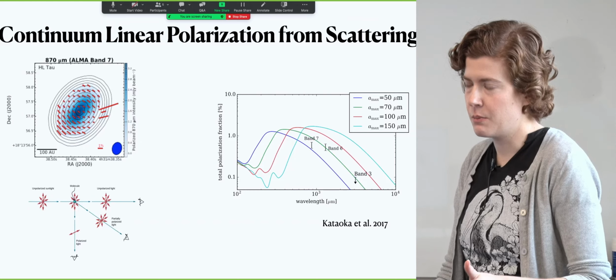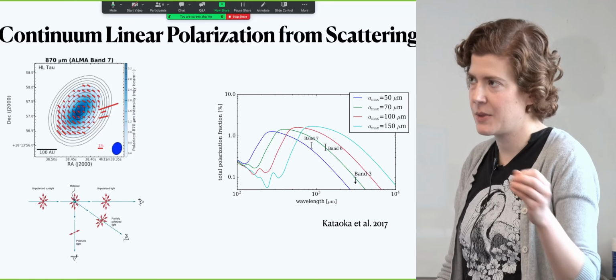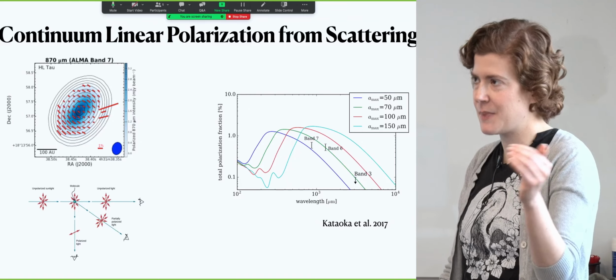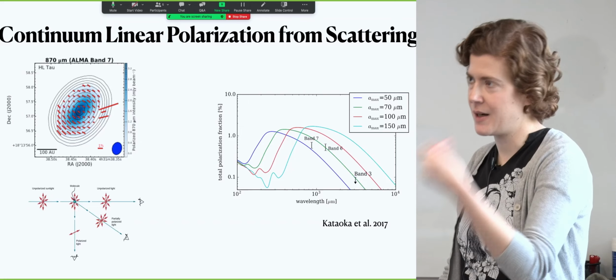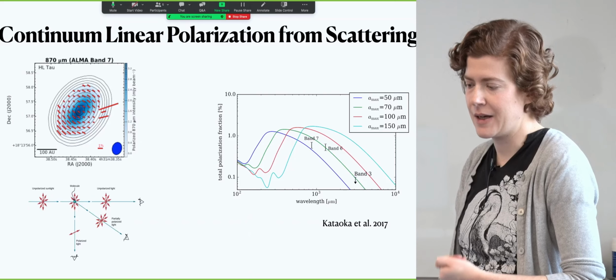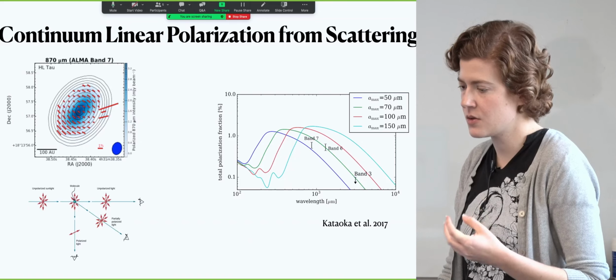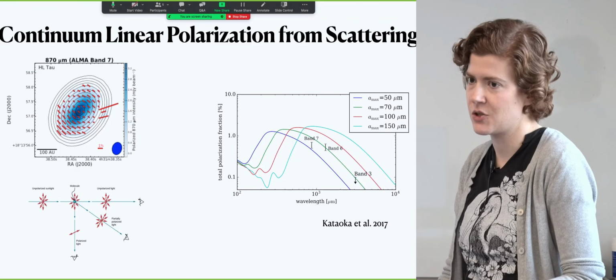So most of the polarized emission that you're seeing is coming from light that has been scattered off of a dust grain at a 90-degree angle. That's just where the major contribution to the observed polarization is coming from.